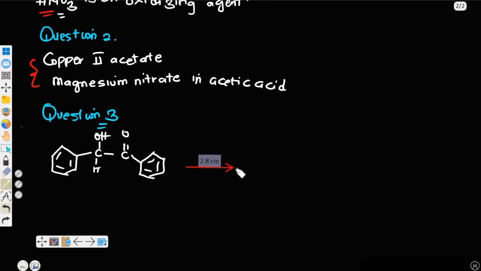Now this is oxidized with an oxidizing agent, HNO3, to give this, so here becomes a double bond, here is another double bond.